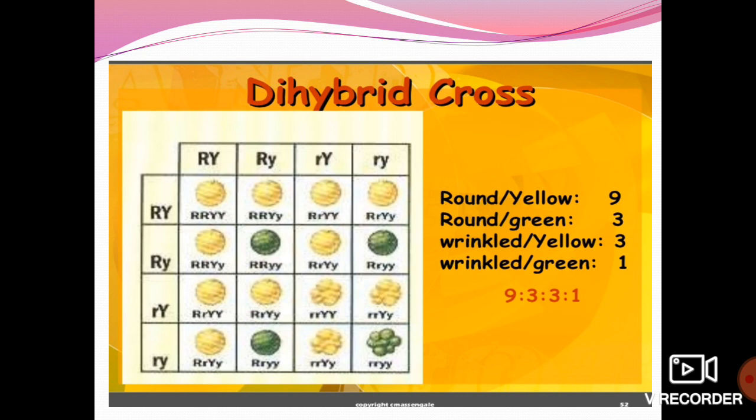Now you might wonder, none of the parents were green round or yellow wrinkled. They were green wrinkled and yellow round. Then how did these two characters come into existence?